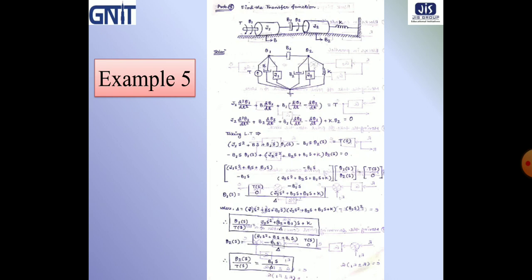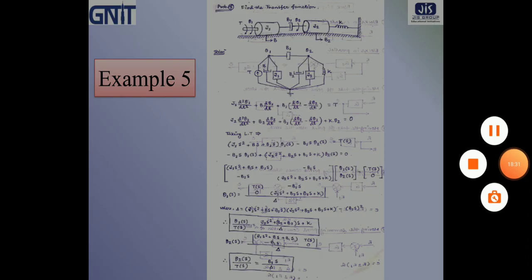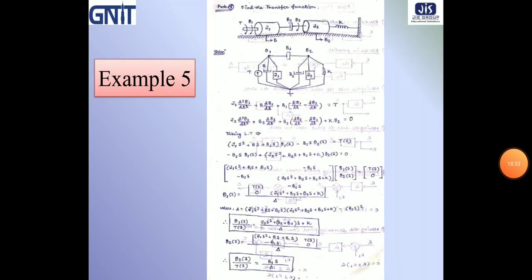Theta 1(s) by T(s) is the first transfer function, theta 2(s) by T(s) is the second transfer function. So in this way we can calculate the transfer function of a given rotational mechanical system.